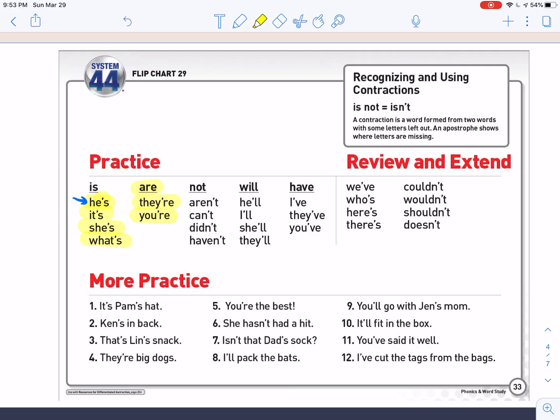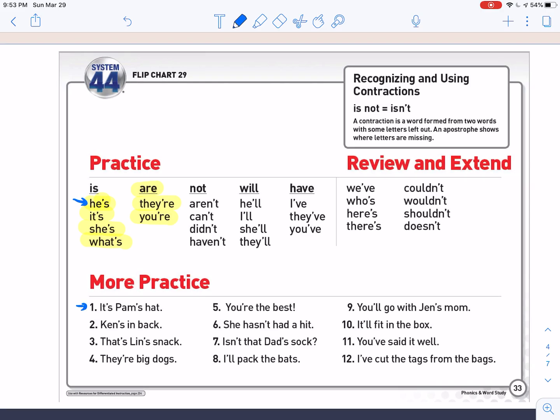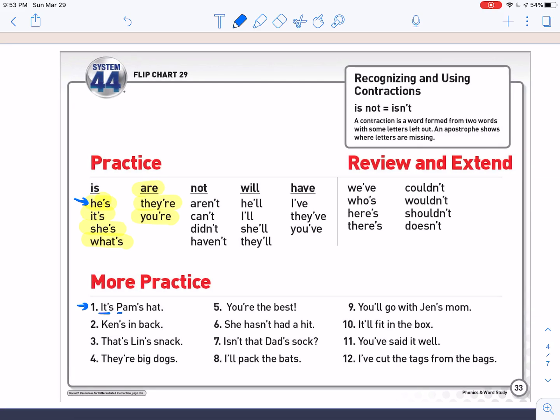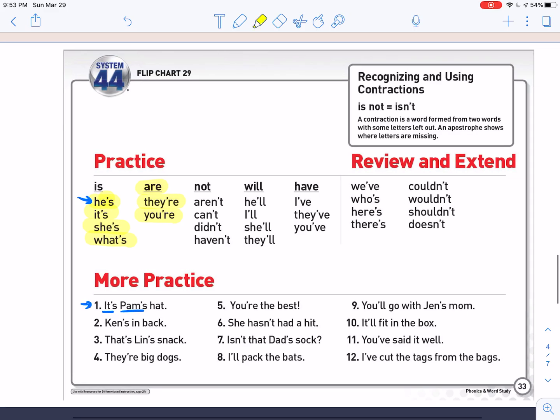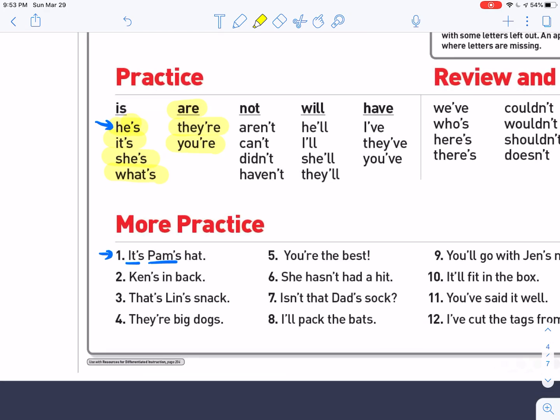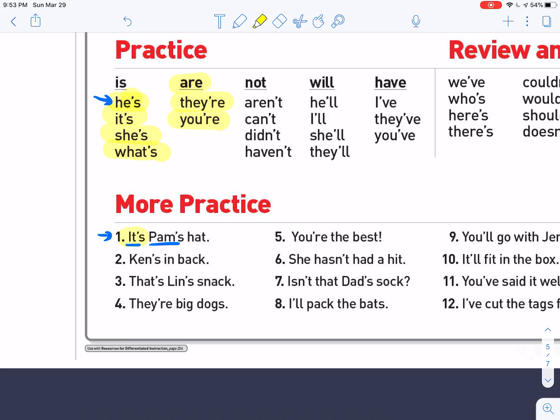Okay, now let's look at sentence number 1. Down here under more practice. It's Pam's hat. Let's identify the two words with apostrophes. It's and Pam's, right? Let's look at the word it's specifically. Let's zoom in here so we can really focus on this word, it's.